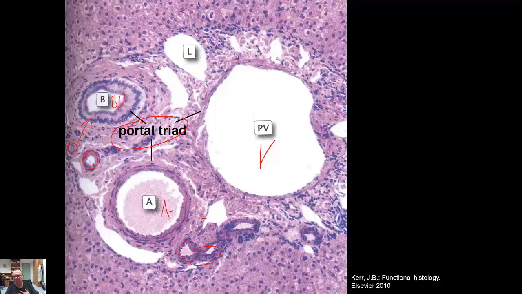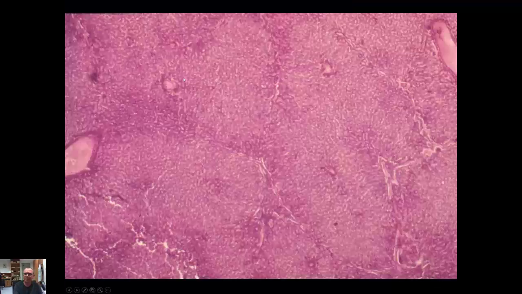The author of this picture is labeling this lumen to be a lymphatic vessel. Okay, let's believe, but according to my opinion, it can also be a small vein. Its structure is the same. So portal triad is a typical situation which you can find in the portal space. One vein, one artery, one bile duct, but sometimes more, as you can see here.